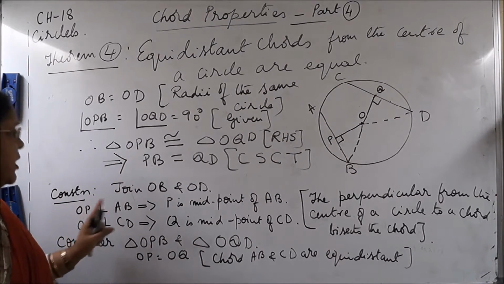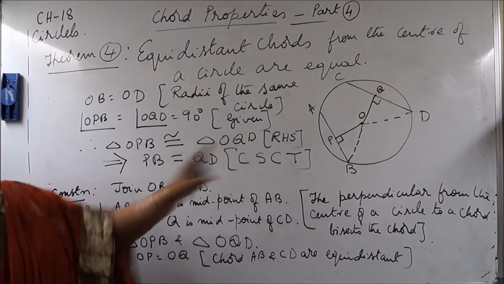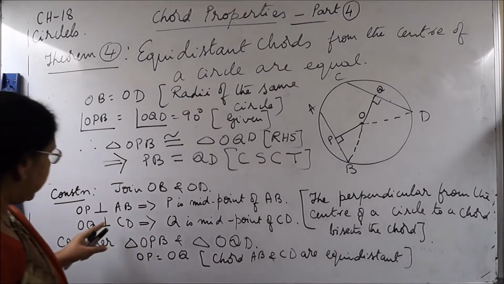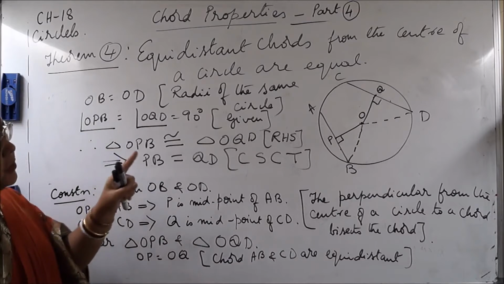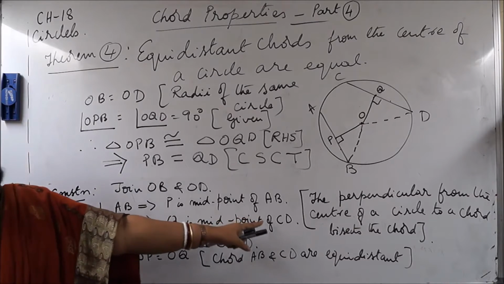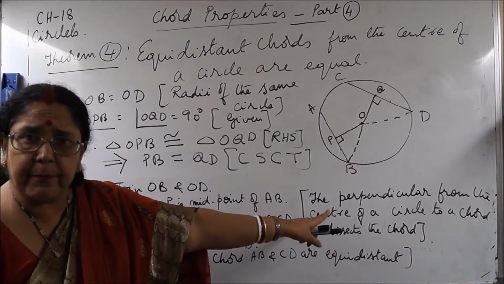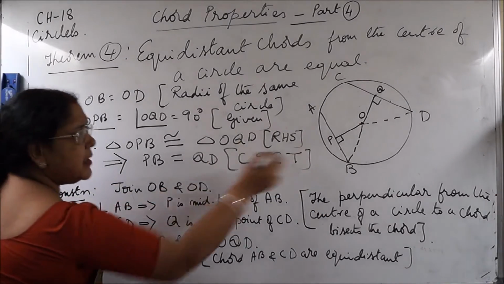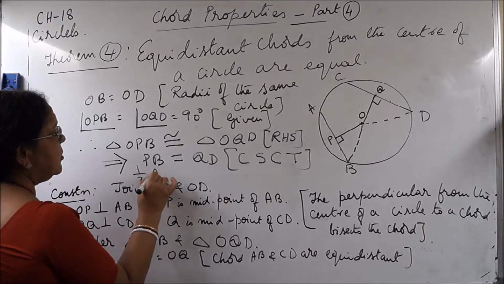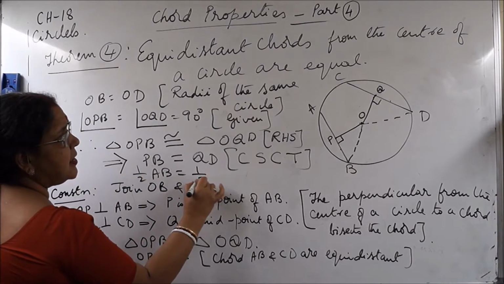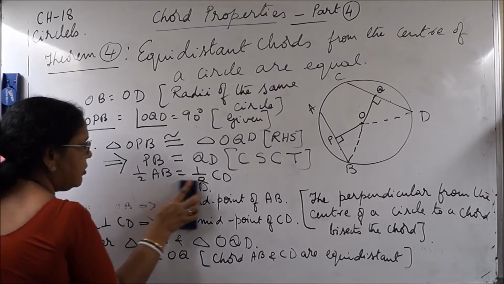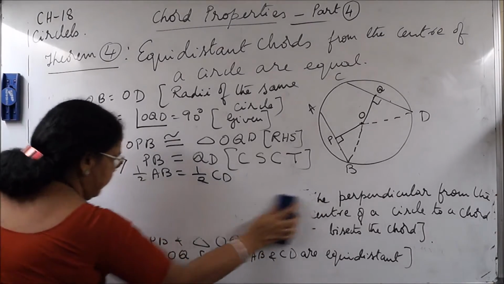Since OP is perpendicular to AB, P is the midpoint of AB, so PB is half of AB. Similarly, OQ is perpendicular to CD, therefore Q is the midpoint of CD from our previous theorem. So half of AB is equal to half of CD, which means AB is equal to CD.